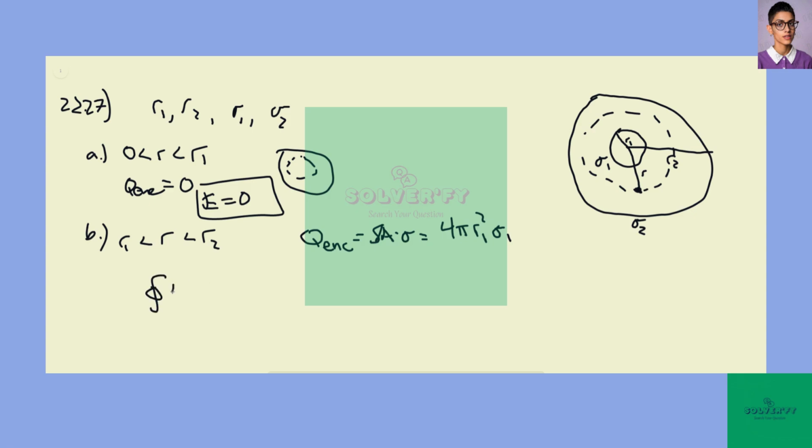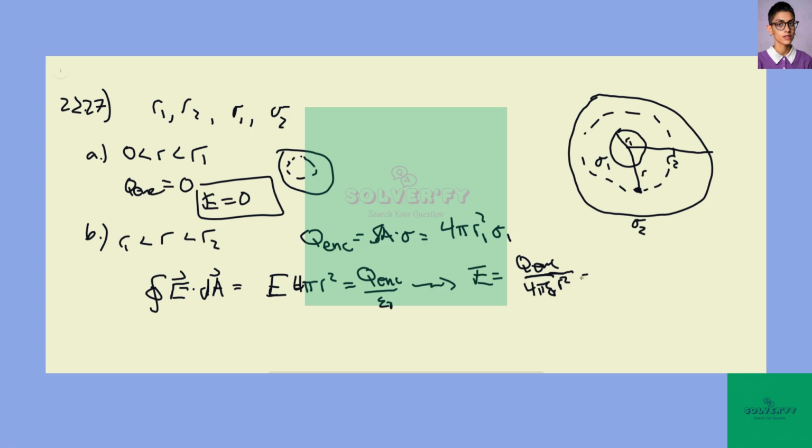So let's go ahead and write this out. We know that the electric field is going to be perpendicular to the normal vector at all points. So we can easily write this as the magnitude of E times 4 pi r squared, and according to Gauss's law, this is equal to Q enclosed over epsilon naught. Rearranging for E, we get Q enclosed over 4 pi epsilon naught r squared.